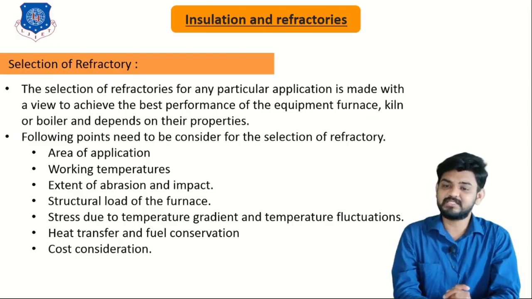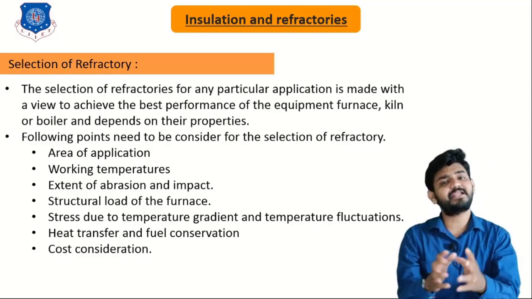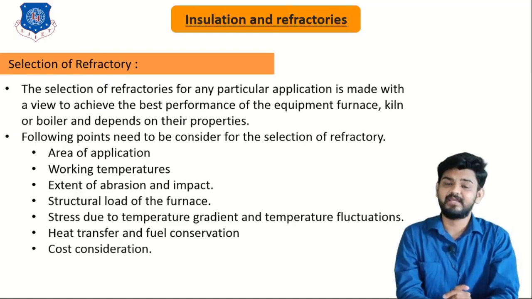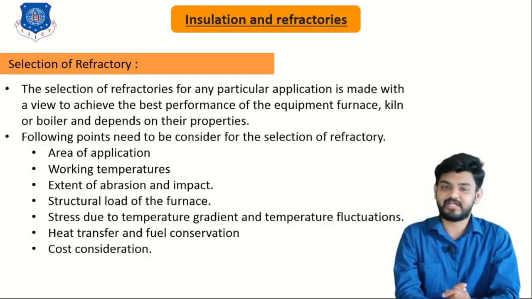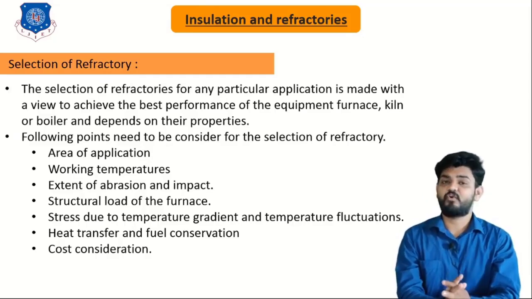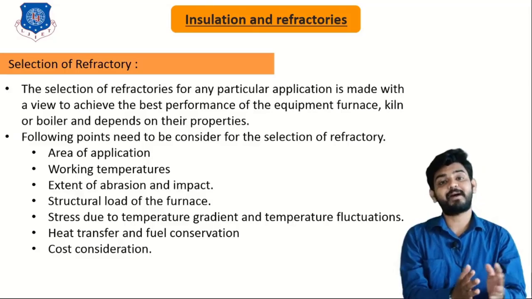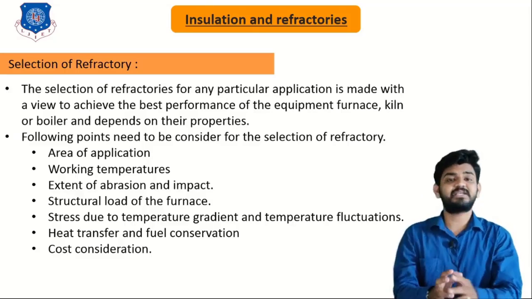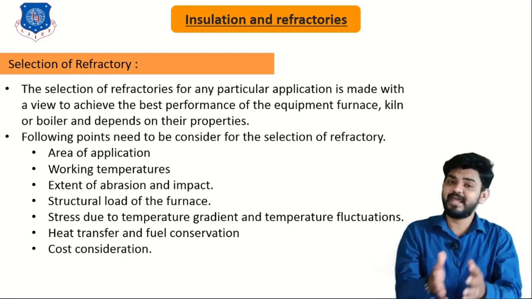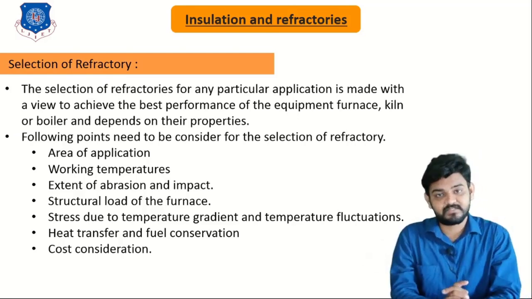The first point is area of application. So where this refractory material is going to be applied, that we need to consider for the selection of refractories. That means for the case of a furnace, we might require some other type of refractories, while for the case of a boiler, we may require some other refractories.